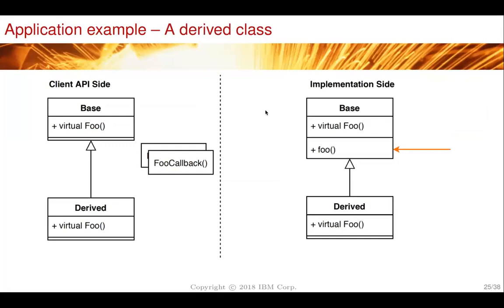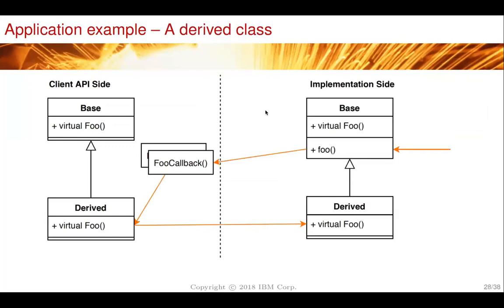So that now, on the implementation side, when we call lowercase f foo, it will invoke the new callback we've created, which will invoke the client-side override of foo, which will then forward the call back to the implementation side of foo. Everyone still with me?